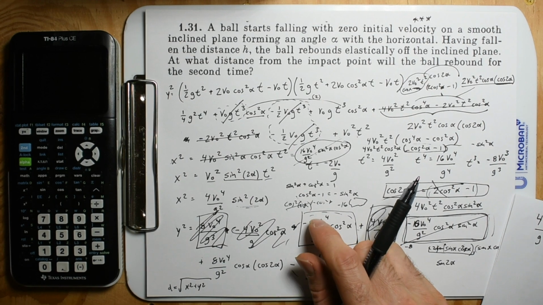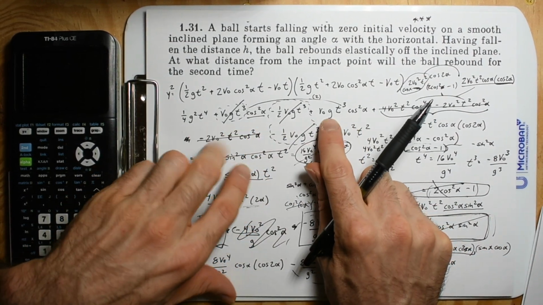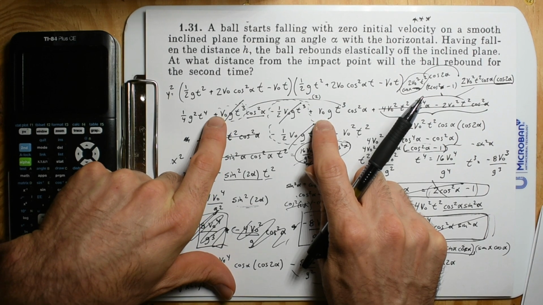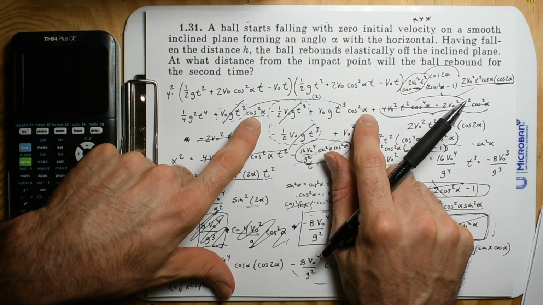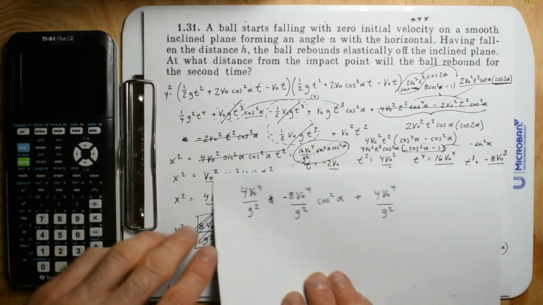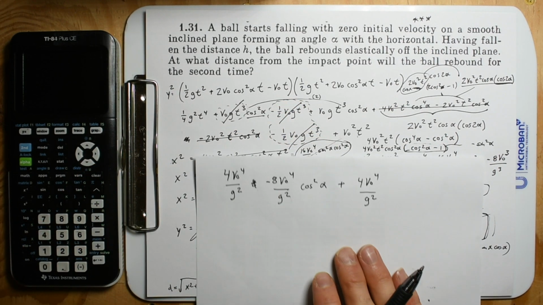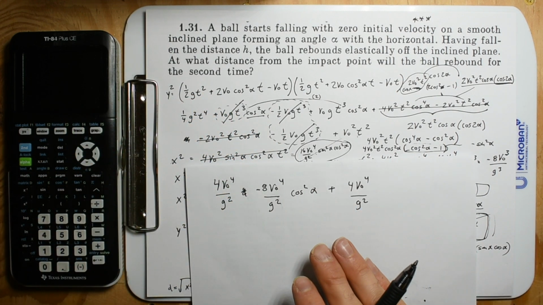I didn't see that, so we definitely made mistakes on that. So this is going to be 2v naught g t to the 3 cosine 2 alpha, but it does not cancel with these. Okay, so now we need to go back to the drawing board, kind of, 100%.